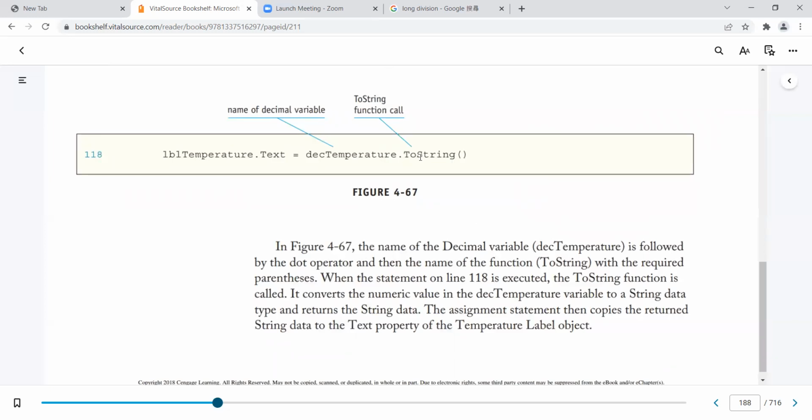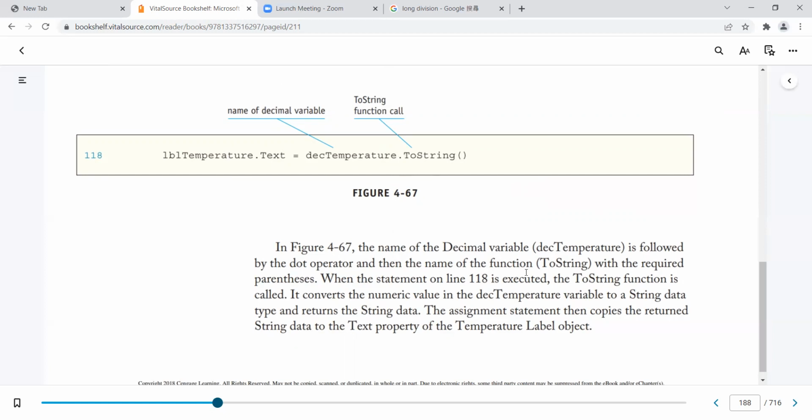How can you assign the value to the text property? Your text property is always string type. So in order to change from a numeric number into whatever you want to display, you have to use .toString. So on this object, I'm going to perform this operation, change your numbers into strings, toString.